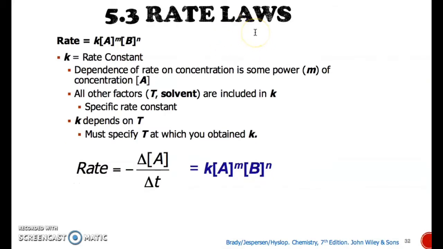Rate laws. This is the rate, k is the rate constant, and k depends on temperature T, and you must specify the T at which you obtain k. This is the rate because it is the negative change of reactant over time, and the rate is k times the concentrations of A and B with exponents m and n.